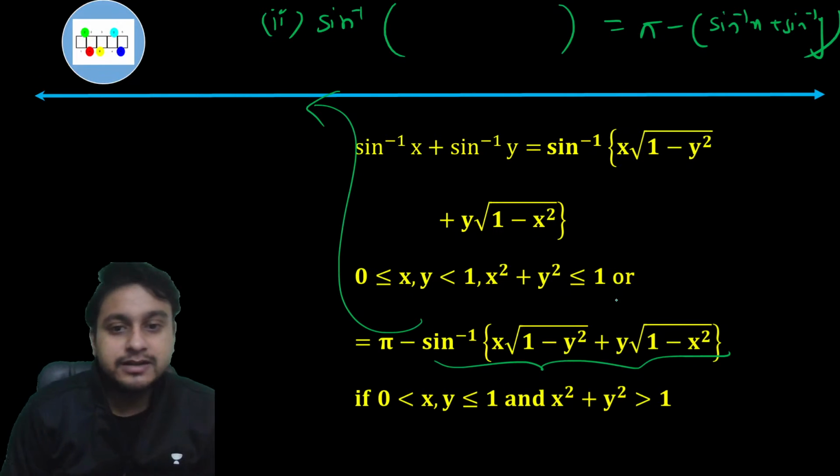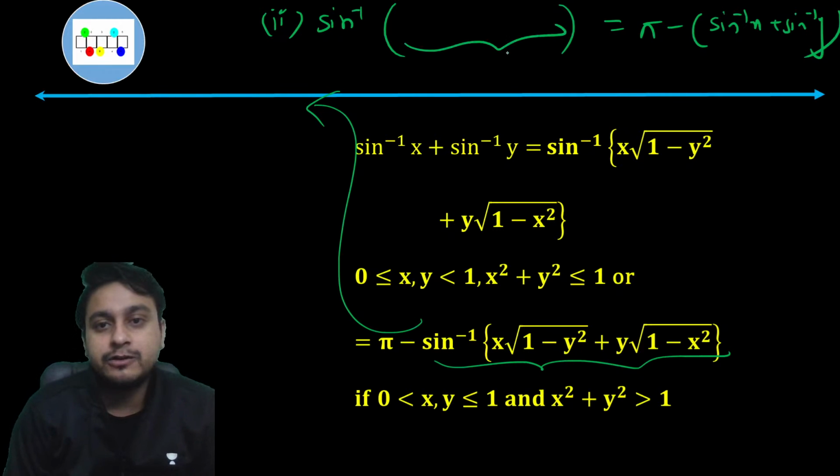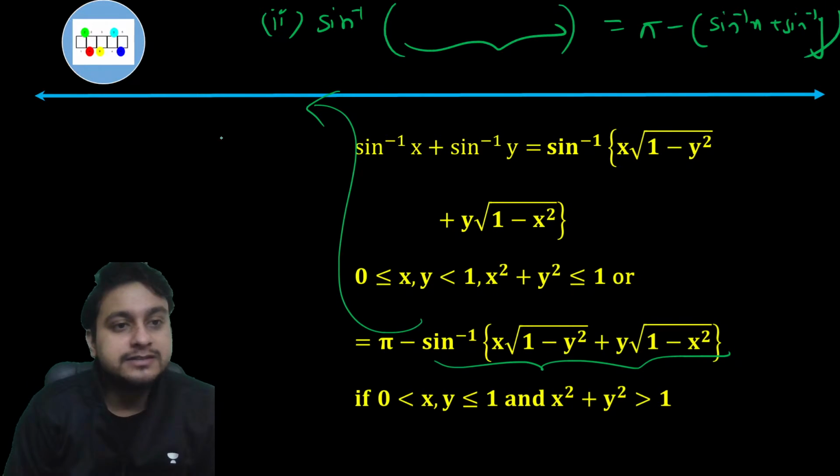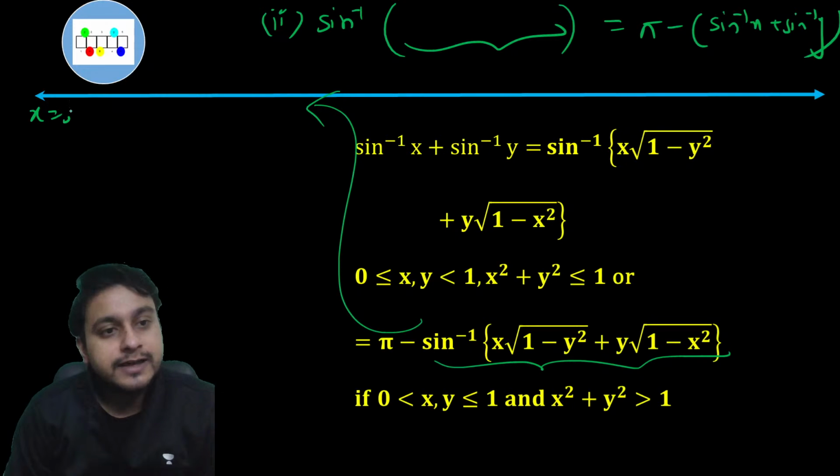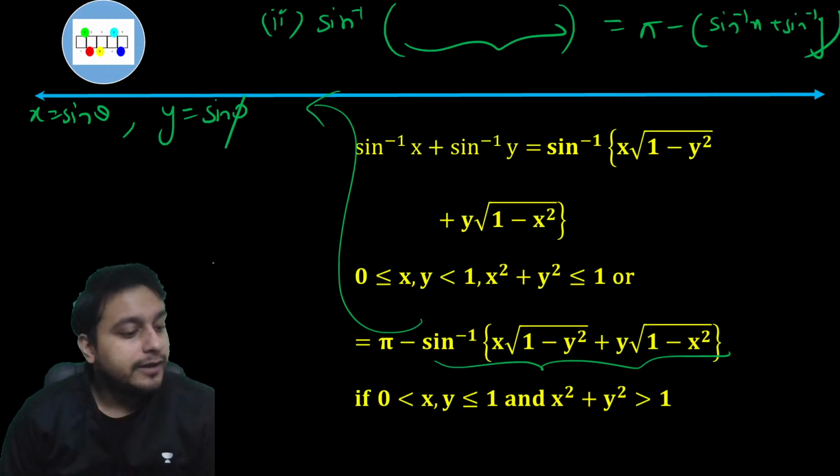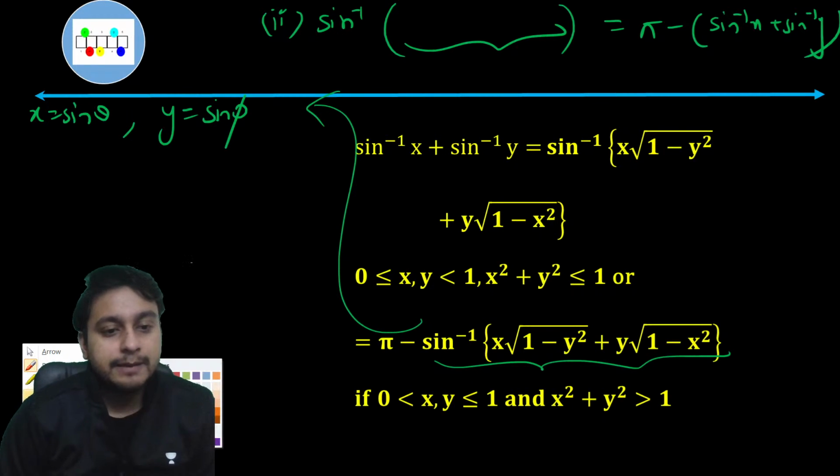Yeah, this will go that side, this will come this side. So I'm starting from this heavy thing only. So here again I'll put x as what? Same thing, x equals sine theta and y equals sine phi.